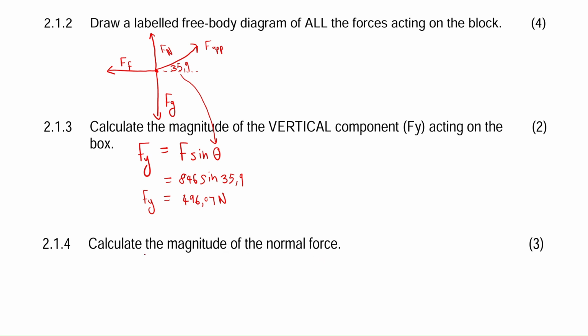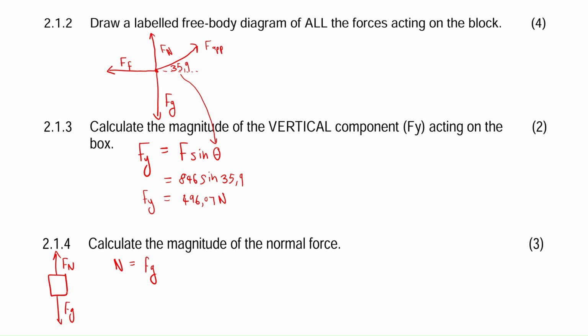They then ask us to calculate the magnitude of the normal force. Well, this one is tricky. Why is that? Let us have a look at all of the vectors occurring within the vertical, and you guys will see why it is not as simple as you might think, because usually we know that the normal is equal to the force of gravity, but that is when we have a block and we have the normal going up and the force of gravity going down.